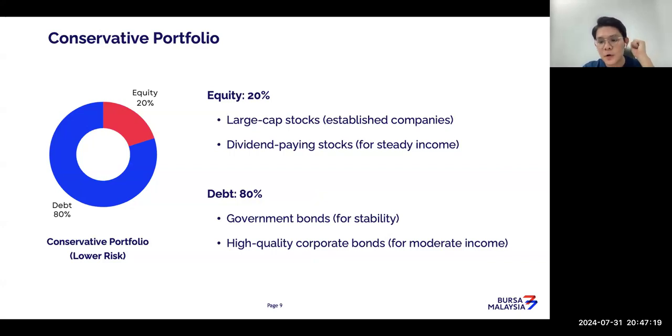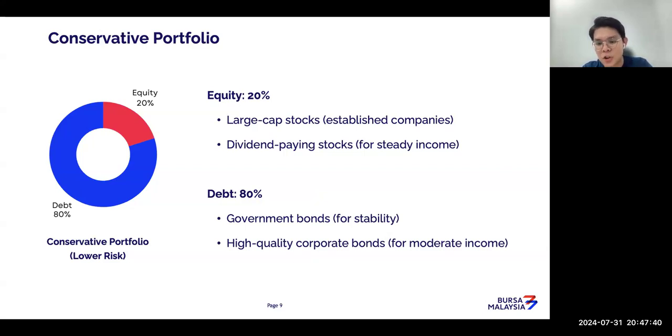The equity portion at 20% includes large-cap stocks from established companies and dividend-paying stocks, which are good quality stocks, not penny stocks. They will provide you regular income.